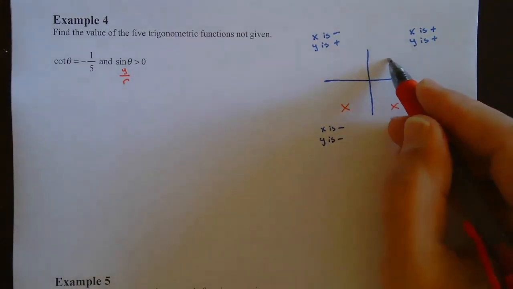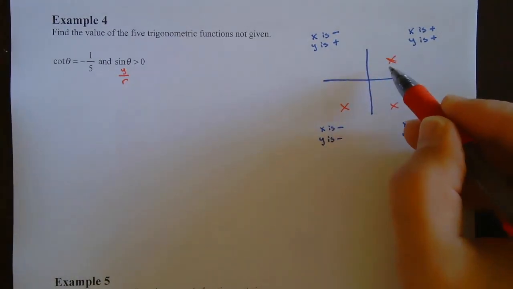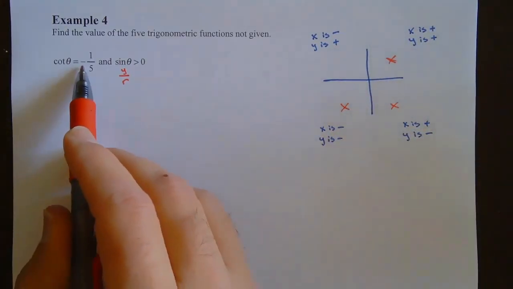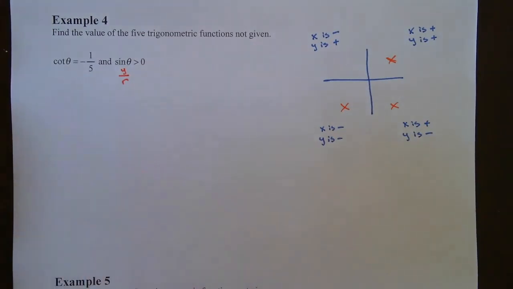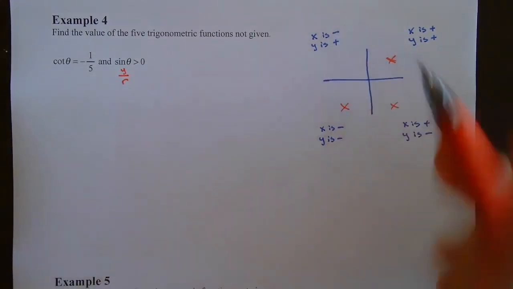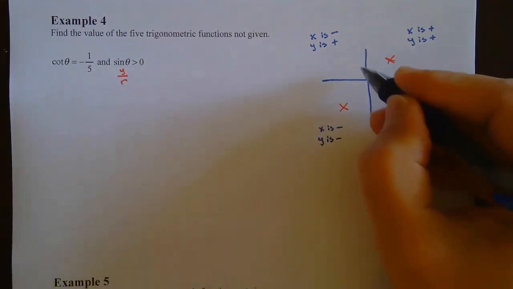It can't be this one, because in this quadrant the ratio would have to be positive, and we have a negative ratio. So we've narrowed it down to the second quadrant. It must be drawn in this quadrant, the only place where this can happen.